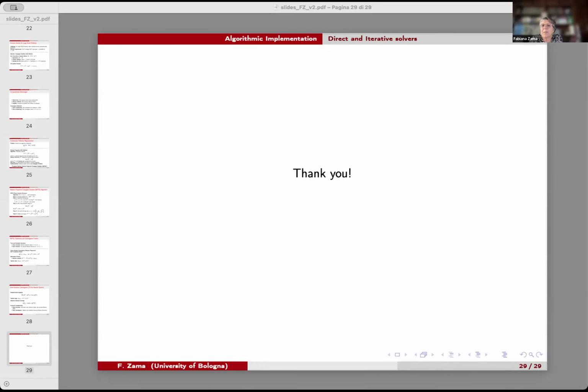So William has shown you some examples, and he's shown you that there are several parameters to be set in all these methods, and you have to set them.